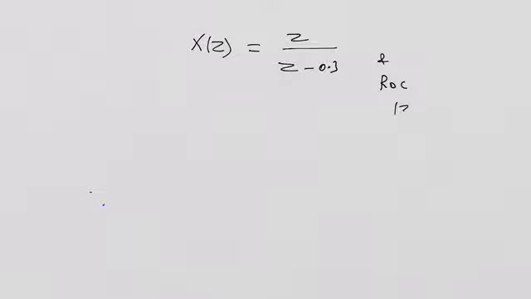ROC is modulus of z greater than 0.3, exterior to the circle with radius 0.3.